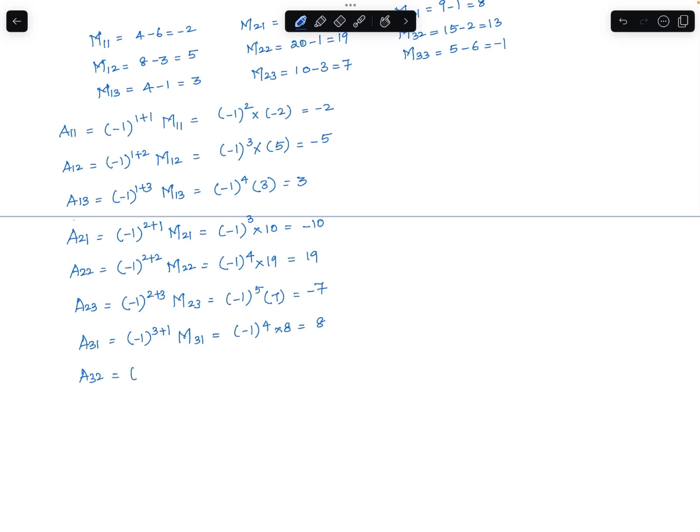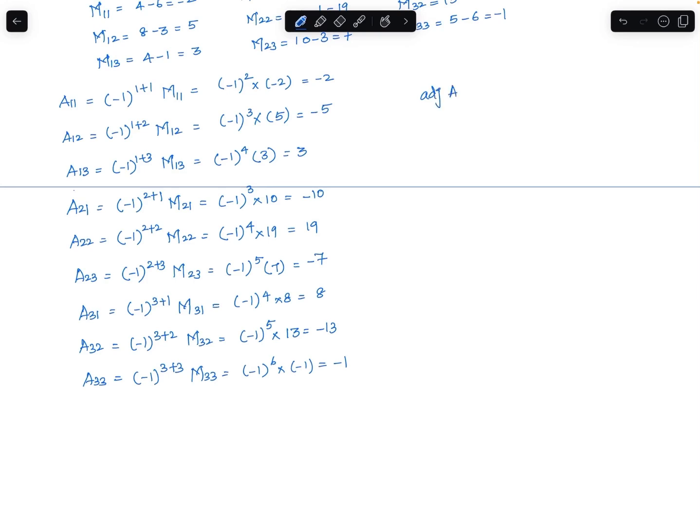A32 is equal to minus 1 to the power 3 plus 2 times M32, which is equal to minus 1 to the power 5 times 13, which is minus 13. A33 is minus 1 to the power 3 plus 3 times M33, which is minus 1 to the power 6 times minus 1, that is minus 1.